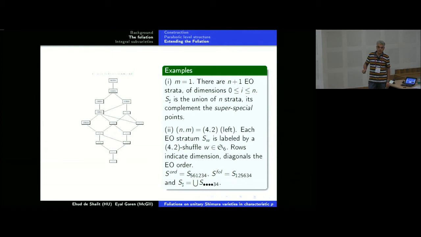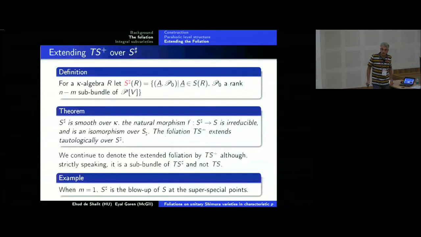And this is the superspecial points once again. The ones that participate in the game are the ones that are highlighted here, and this is S fol. The arrows are the relation of being contained in the closure. As you can see, it gets very complicated combinatorially. In this case, S fol is of dimension 4, which is m squared, 2 times 2.